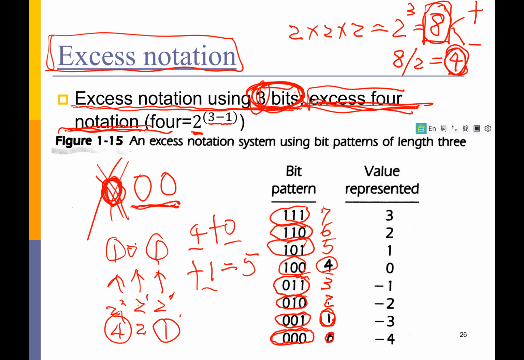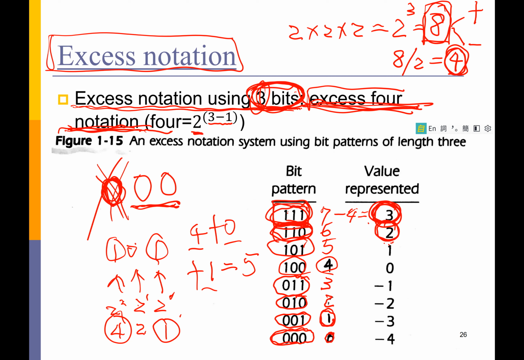Now, this pattern 111 is represented by this system called SS4 notation. 111 represents positive 3. How you get 3 is 7 minus 4. 110 represents 2.